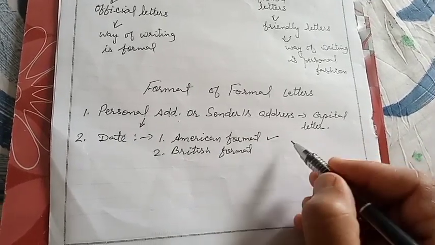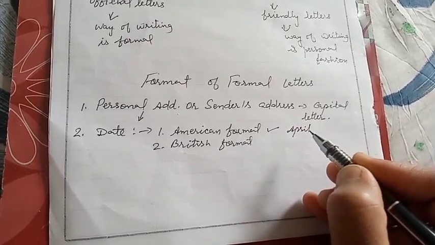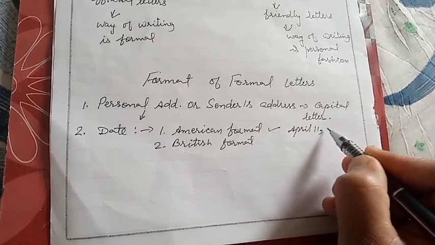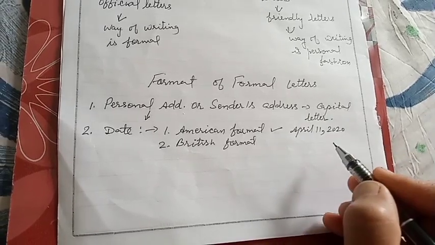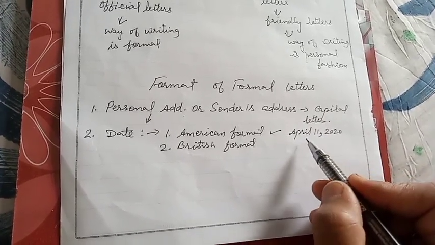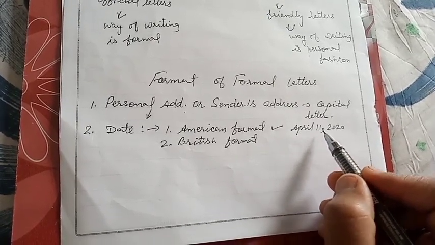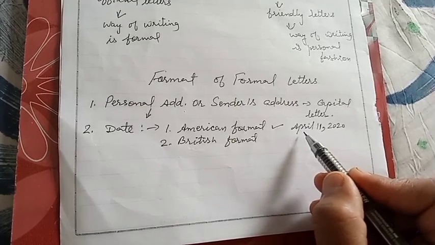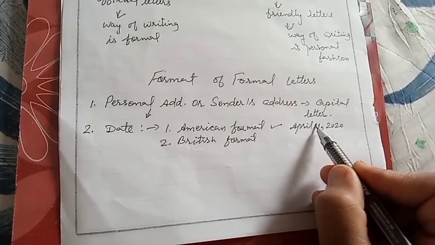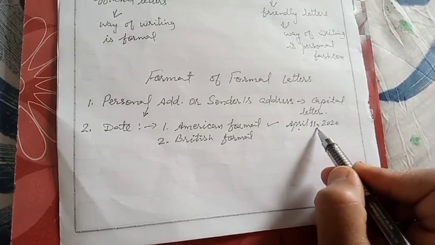In American format we write the month name first. It is because it is easy to type a letter. We don't move from numbers to letters or letters to numbers. We can first type letters and then numbers.